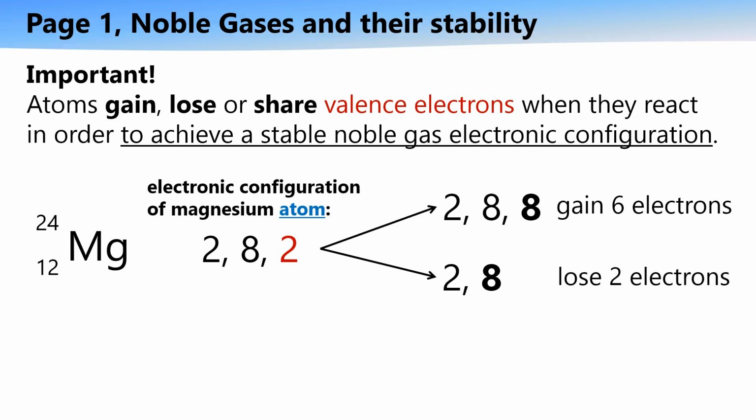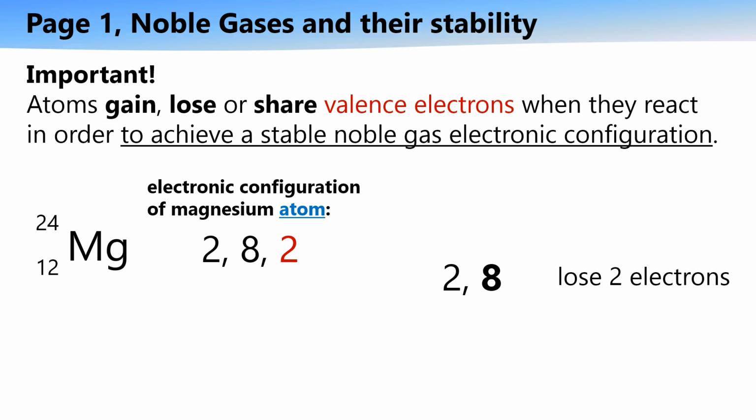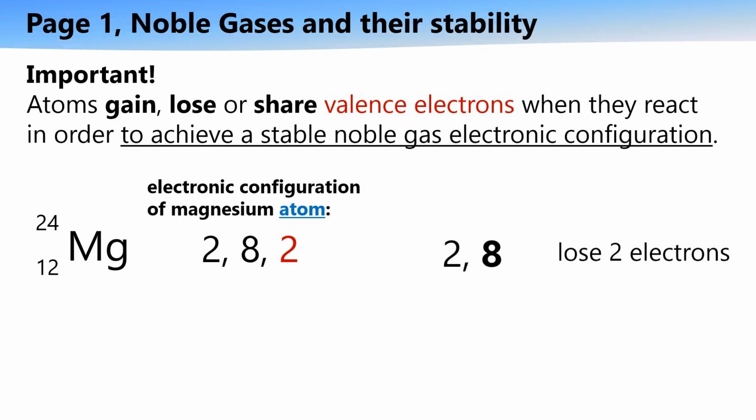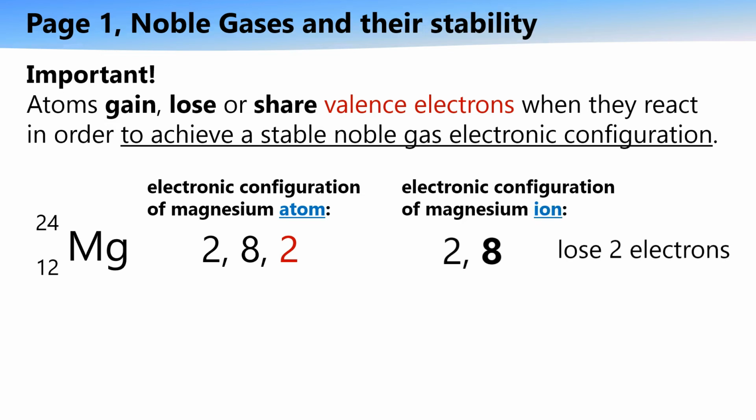Which one do you think is easier, gaining 6 electrons or losing 2 electrons? That's right. Losing 2 electrons will be easier. So when magnesium atom reacts, it will lose 2 electrons to form the magnesium ion. And since it lost 2 electrons, we'll represent the magnesium ion as Mg2+.